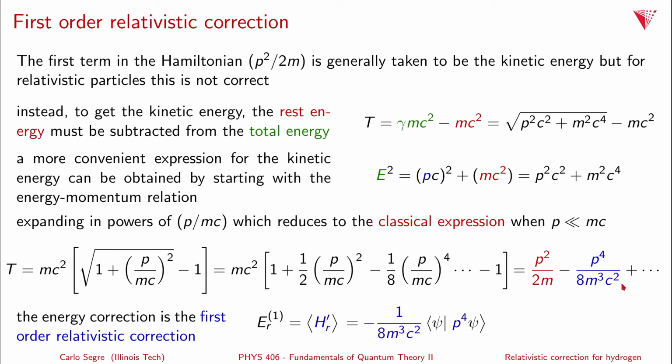Well, that's simply, you have a bunch of constants, so it's minus 1 over 8m cubed c squared. And then you have the expectation value of p to the fourth, which is what's on top.